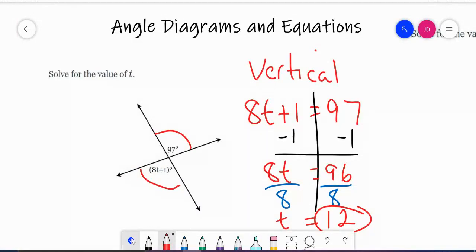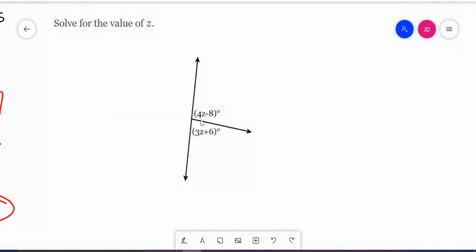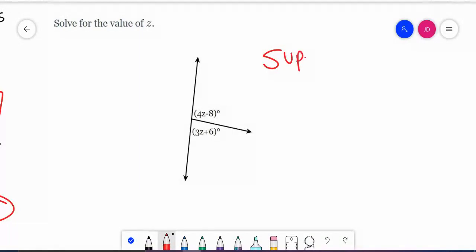All right. Let's look at another one. All right. Solve for the value of z. It looks like here we have a linear pair. Supplementary angles. These are supplementary.